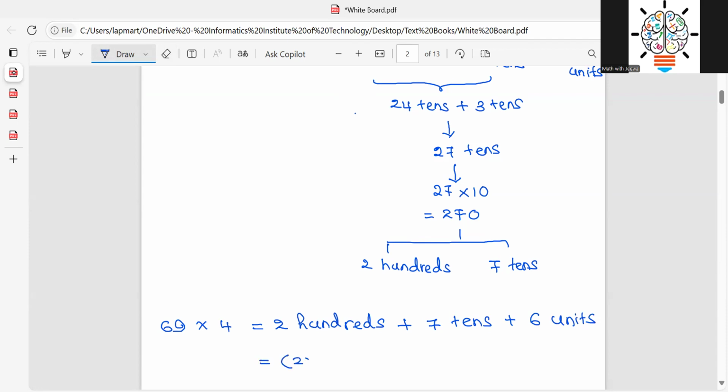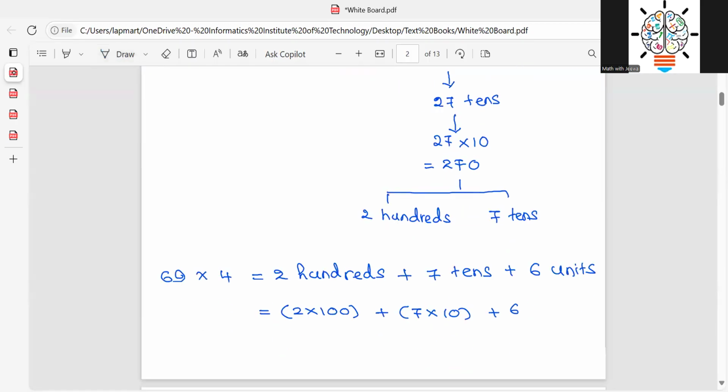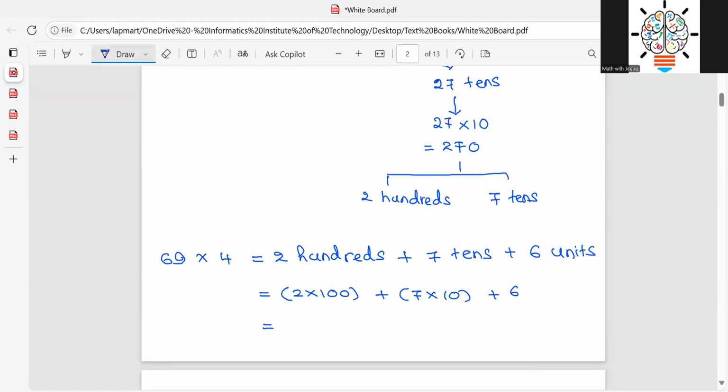So I show you 2 times 100 and 7 times 10 and 6. So then what is it? 270 and 6. So the answer is 276.